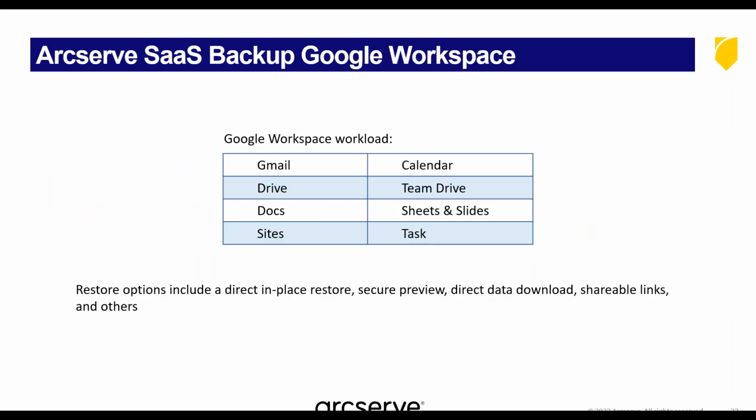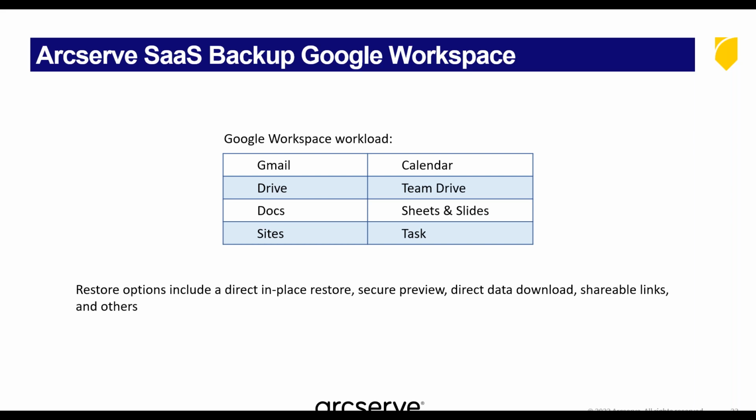For the Google Workspace, the components in the Google Workspace are all included. This is the workload: the Gmail, your Google Drive, your Docs, the Sites, calendar, team drive, sheets and slides, tasks within the Google Workspace. I'm not that familiar with Google Workspace because I'm not using it, so I cannot give too many examples.